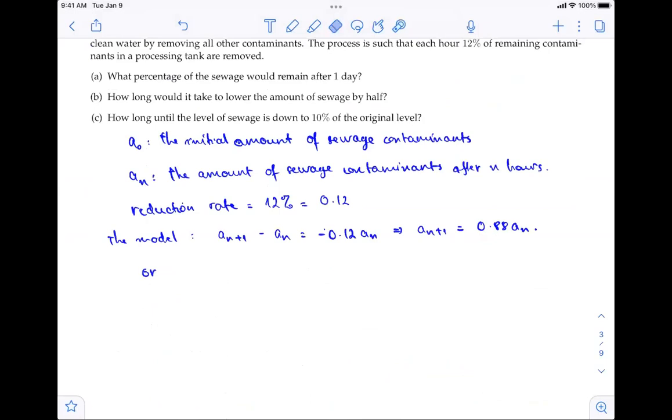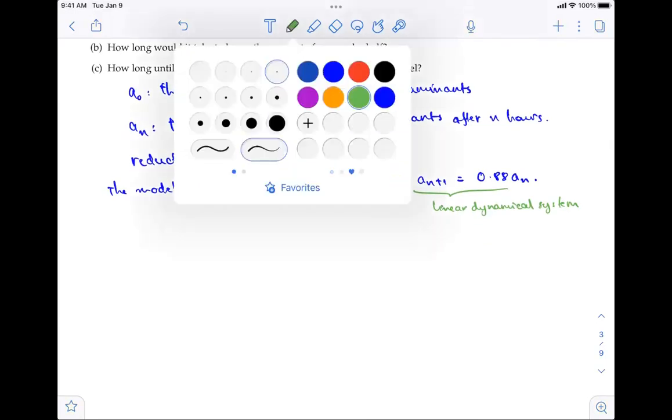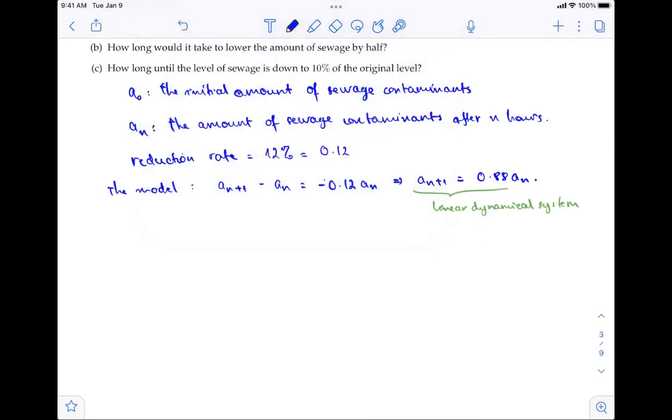Let me quickly note that this is the linear dynamical system, and you can relate this back to the discrete exponential functions.